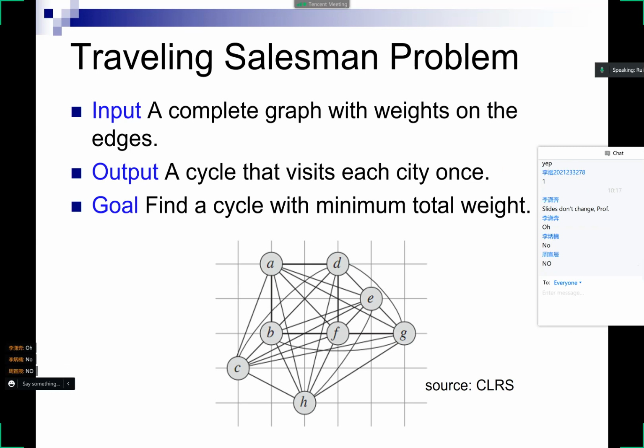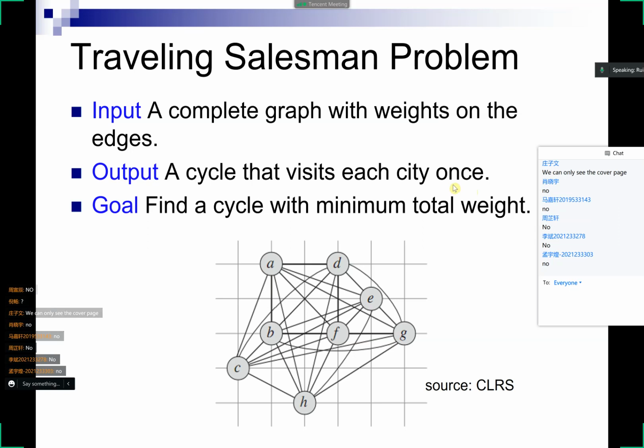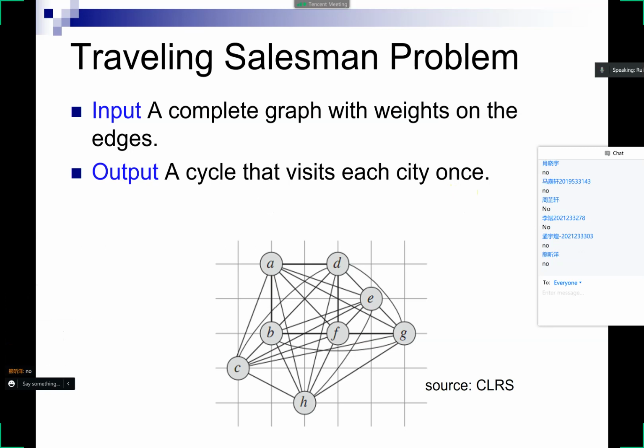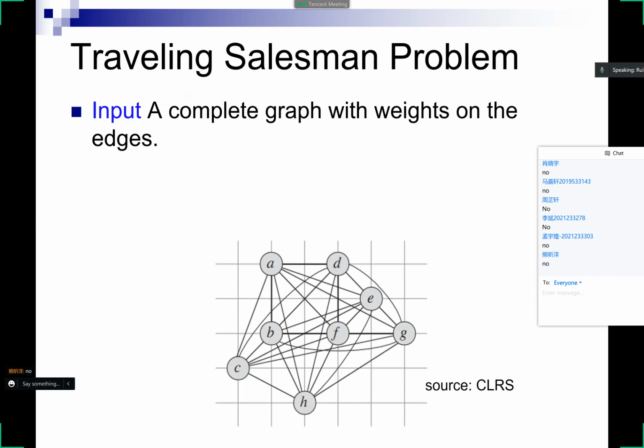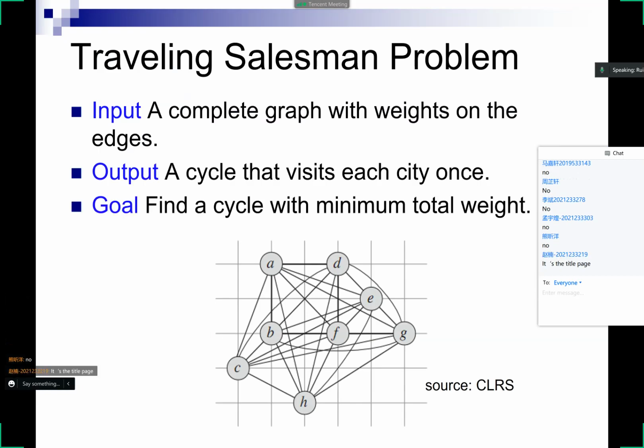You cannot see it. I used to not have any problems with the internet connection. For the people who cannot see the slides, what are you seeing right now? Are you seeing the title page, or the first page with this picture? It's the title page. Okay.